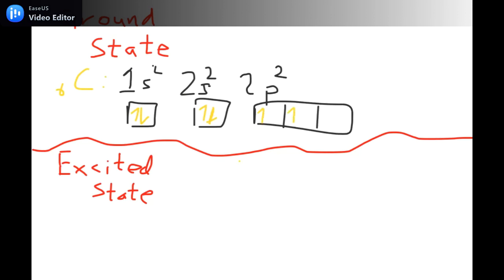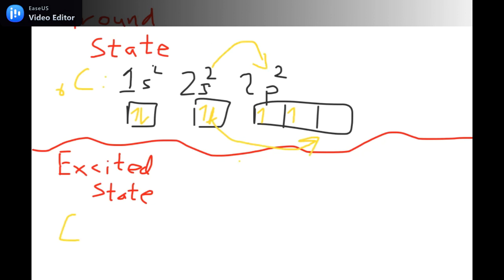And now what happens is that when we provide energy, the electron is transferred from the lower energy orbital to the higher energy orbital. So this electron is transferred over here.